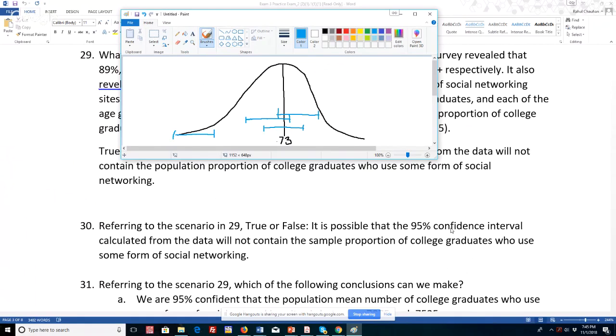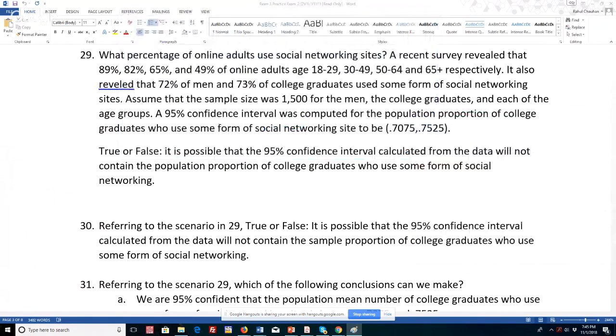Our confidence intervals are looking at the population parameters and not our samples. Okay, hope that clears that up, Rachel.